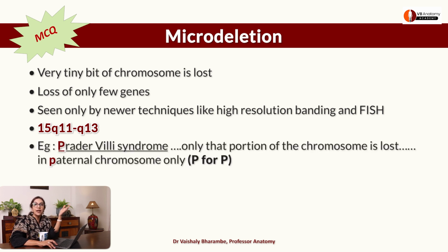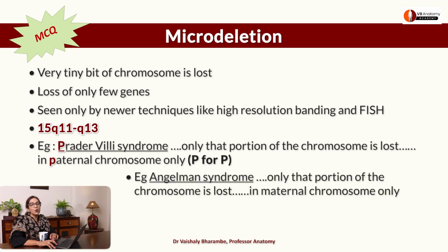You get Prader-Willi syndrome. See, Prader-Willi syndrome is when there is a microdeletion of 15q11 to q13, but specifically on the paternal chromosome. If it is on the maternal chromosome, the condition is called Angelman syndrome. See how specific the body is. The loss is so tiny.